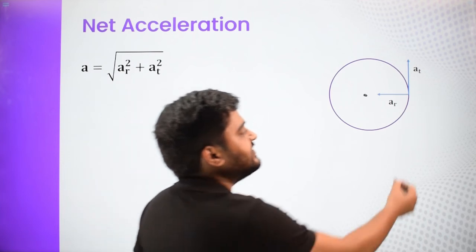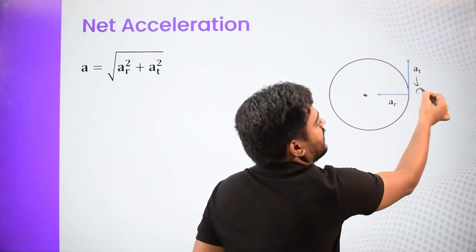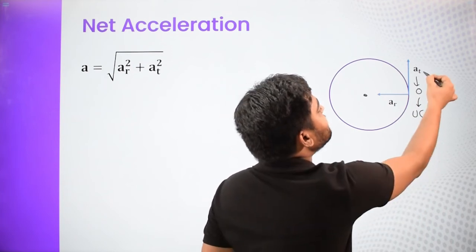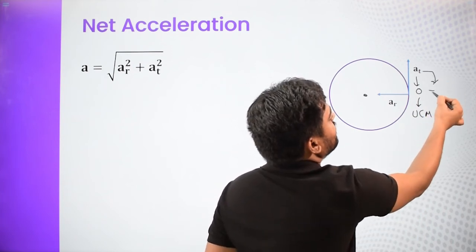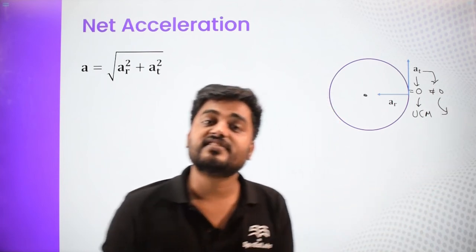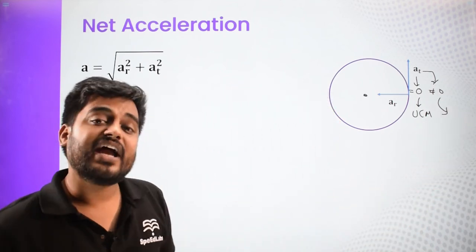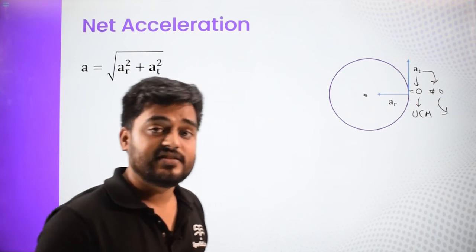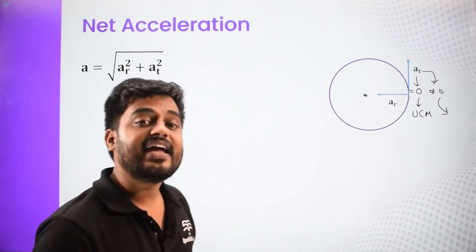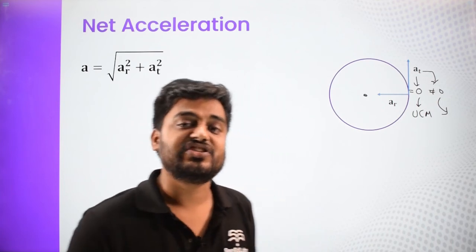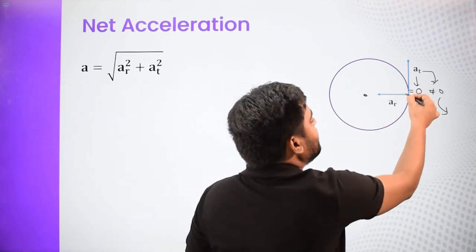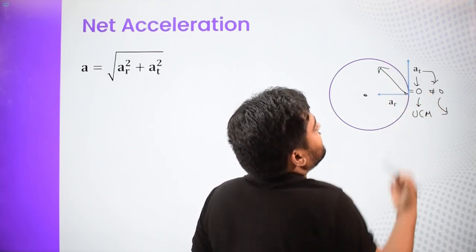It might be 0 if we are talking about uniform circular motion, and non-zero otherwise. So in circular motion, AT might be 0 or non-zero, depending on whether the speed of the particle, or the angular velocity, is changing or not. These two are vector quantities. When we add them, this is how our net acceleration looks.